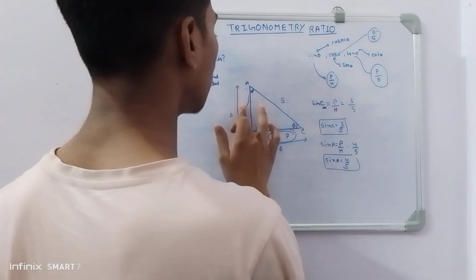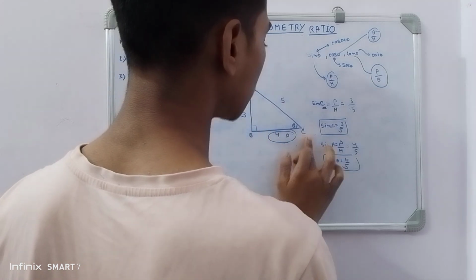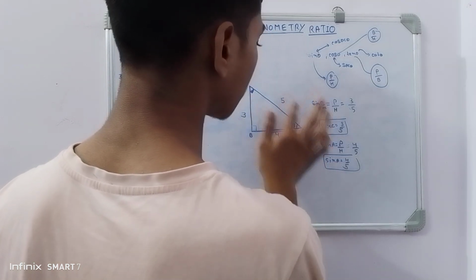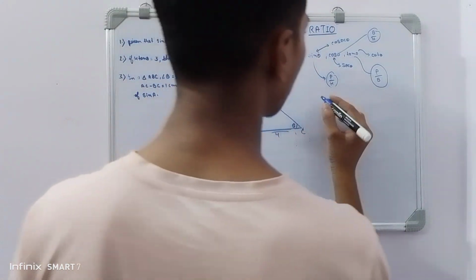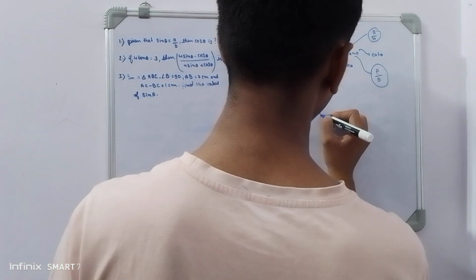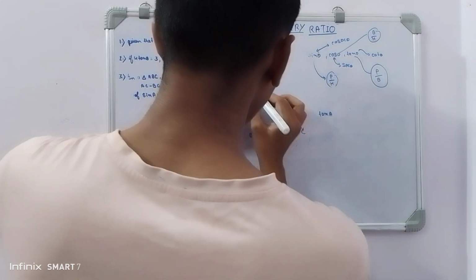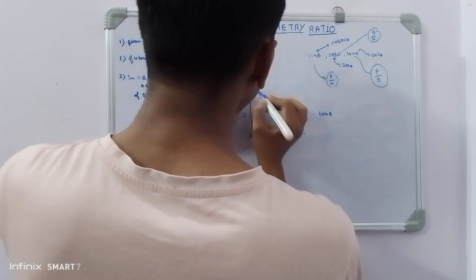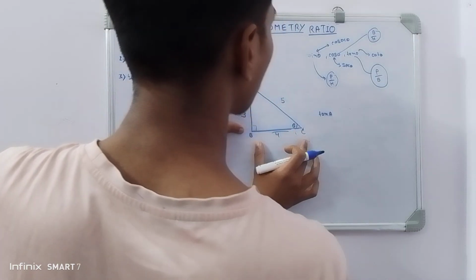Now in this figure we also have to find the other angles. Let's suppose we have to find tan of A. That means we are taking this angle as the reference. So for this angle, AB becomes the base and BC becomes the perpendicular.